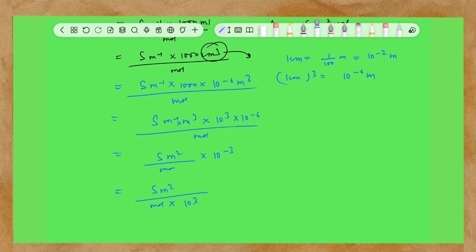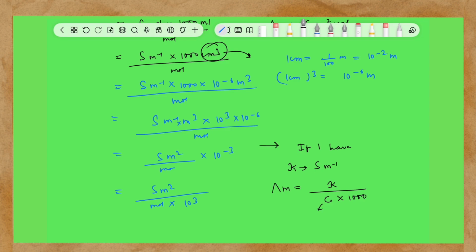So what we have derived is that if I have kappa in Siemens per meter, then we can use the formula kappa upon concentration into 10 to the power 3, which is 1000.